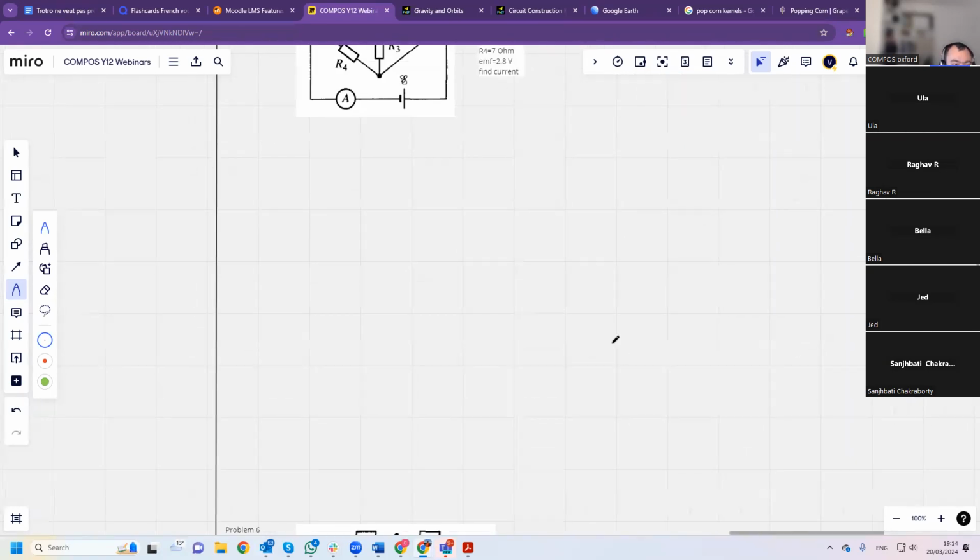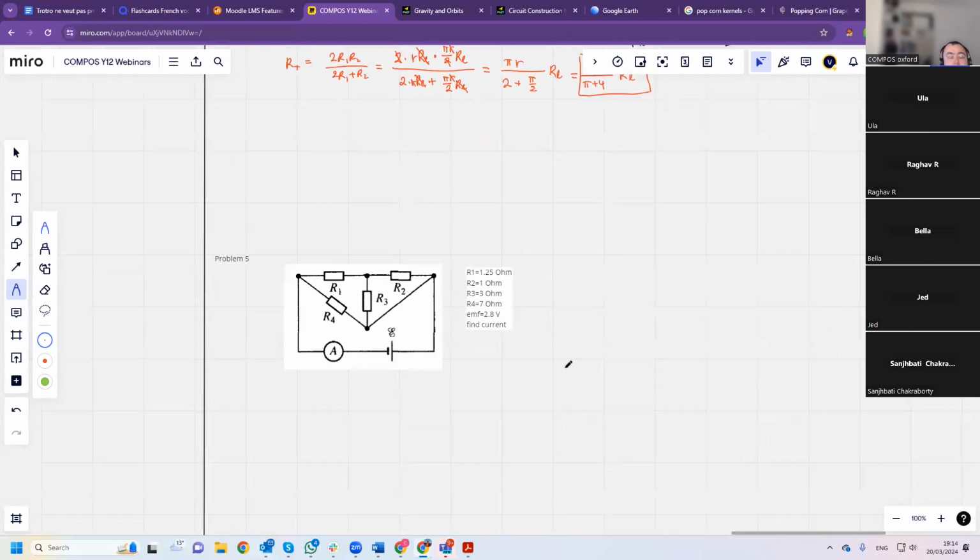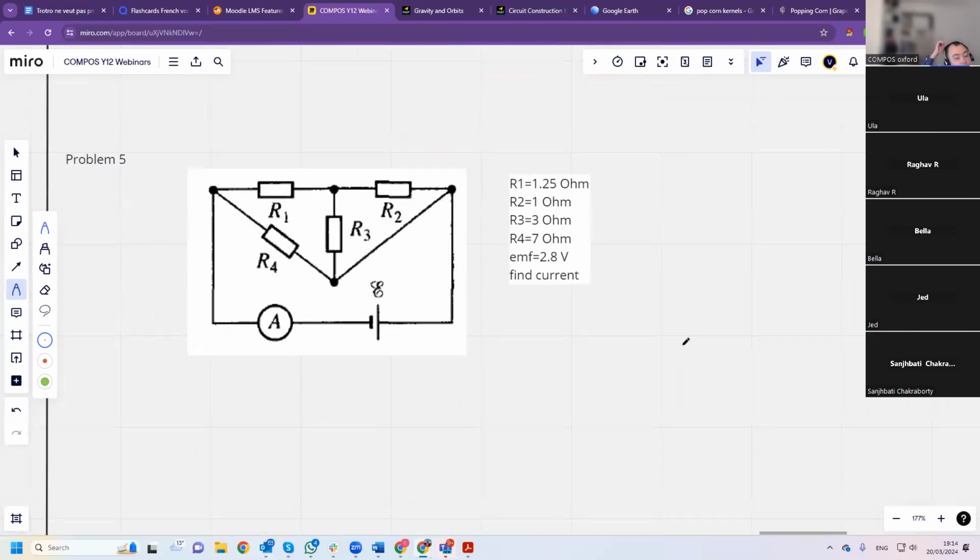Now then, for the following 3 questions, you need to use Kirchhoff's laws. So this is an analysis task network. You use Kirchhoff's first law and Kirchhoff's second law. So how do you do this?